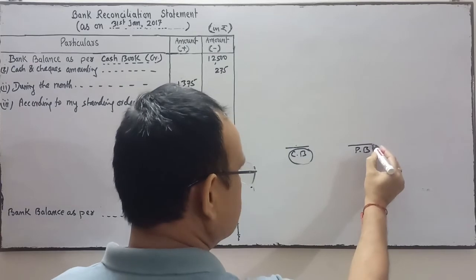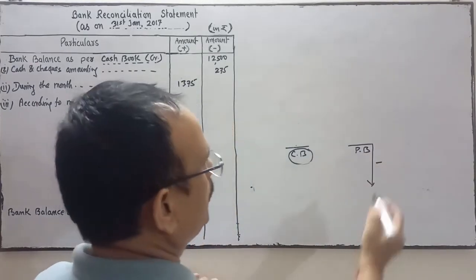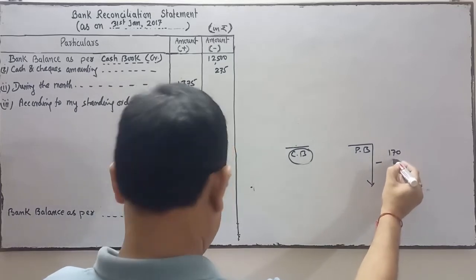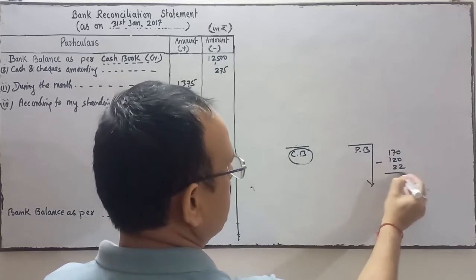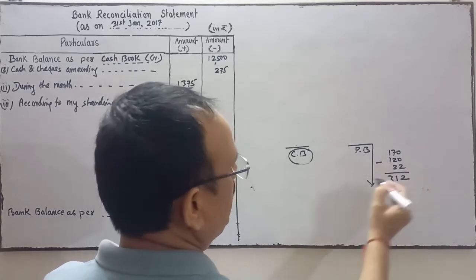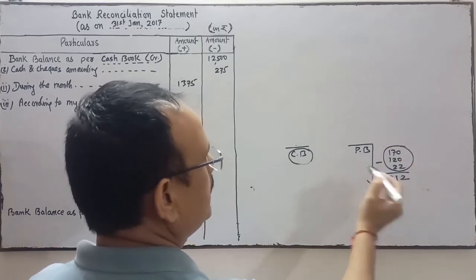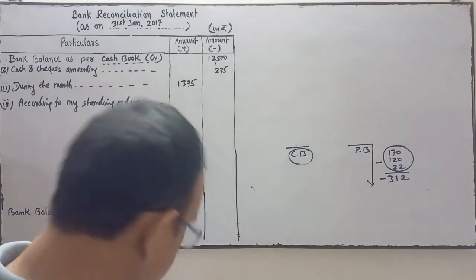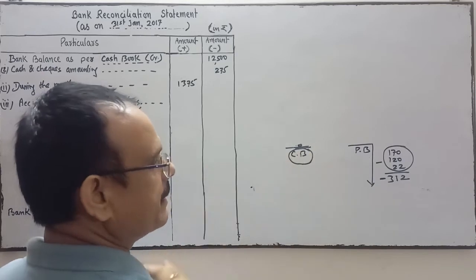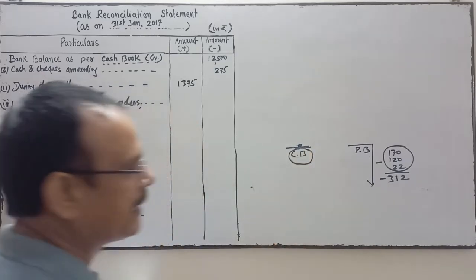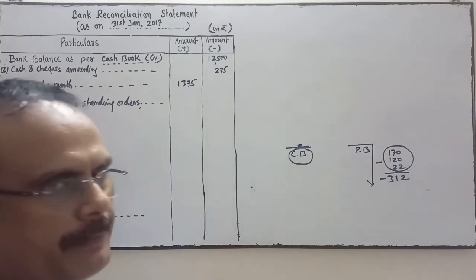It means passbook is reduced by these three figures: 170, 120 and 22. Total it is reduced by 312, and that information is not given to us. So cash book is not reduced because information is not given to us.